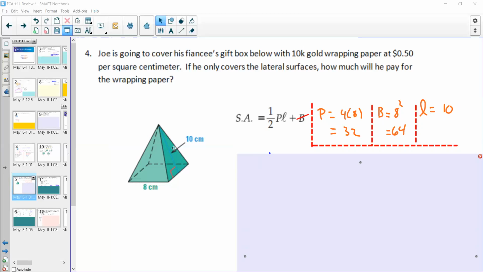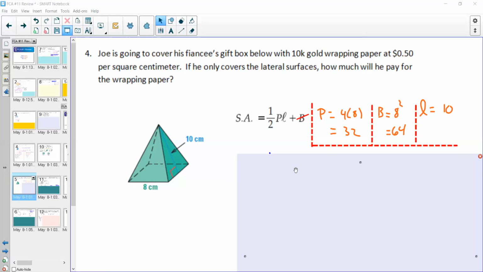So the area of one of these triangles is 1/2 times 8 times 10, and then you have 4 of those. So you multiply it times 4, that's the same thing as getting the perimeter and multiplying times the slant height.